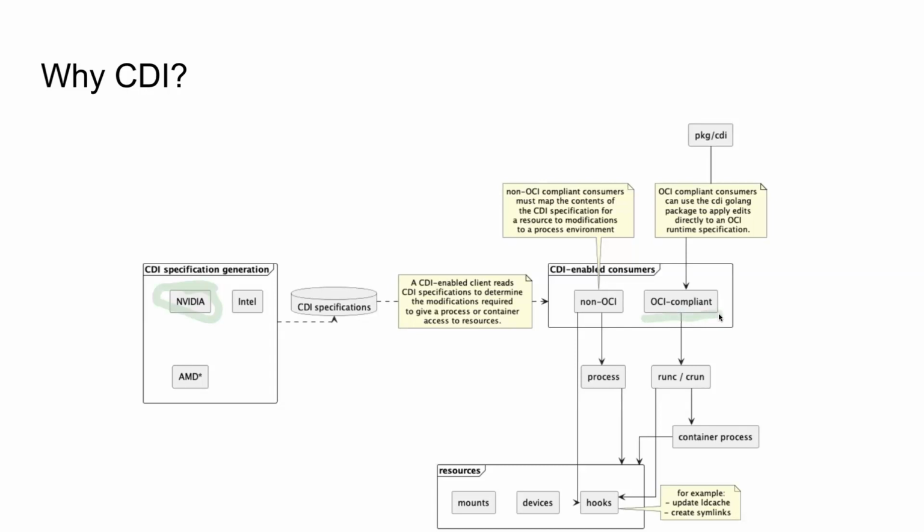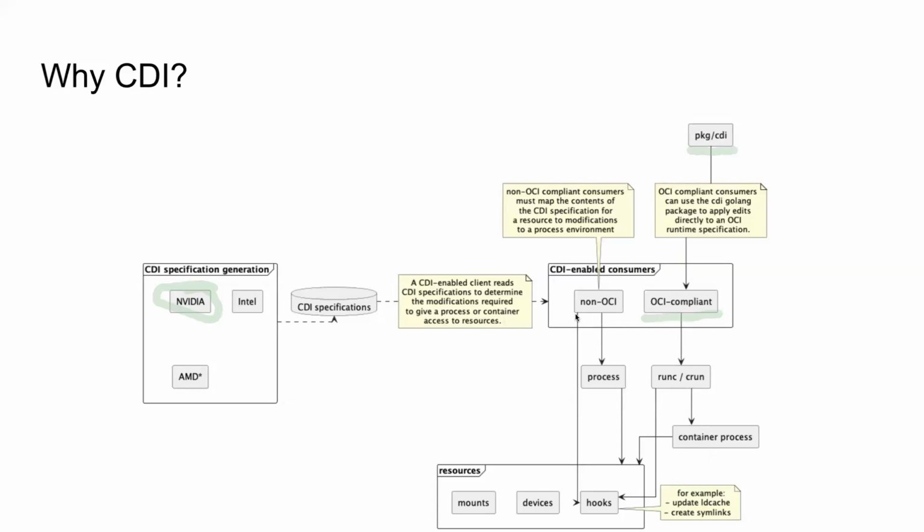If it's a valid device identifier, it uses the CDI package that we, in the Container Orchestrated Devices Working Group, have built to make the modifications to the OCI spec, and then forwards that modified OCI spec to runC or crun, which then will invoke the hooks as defined and start the container process with access to the resources as required.